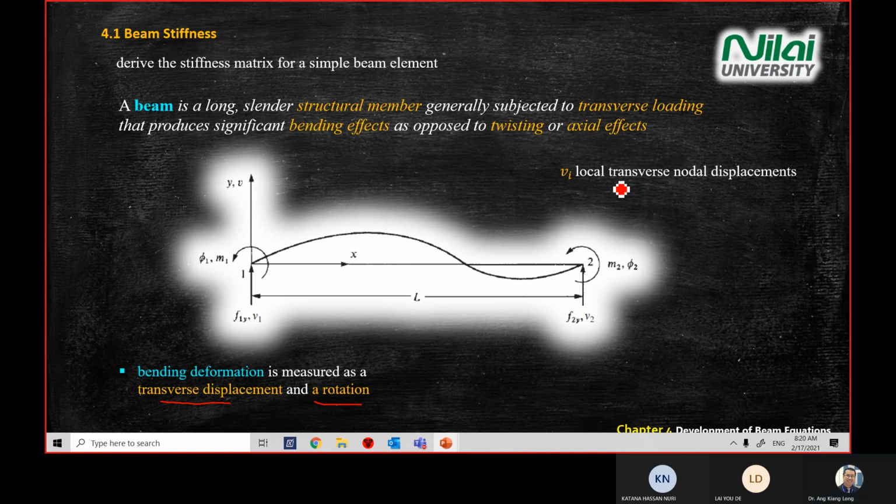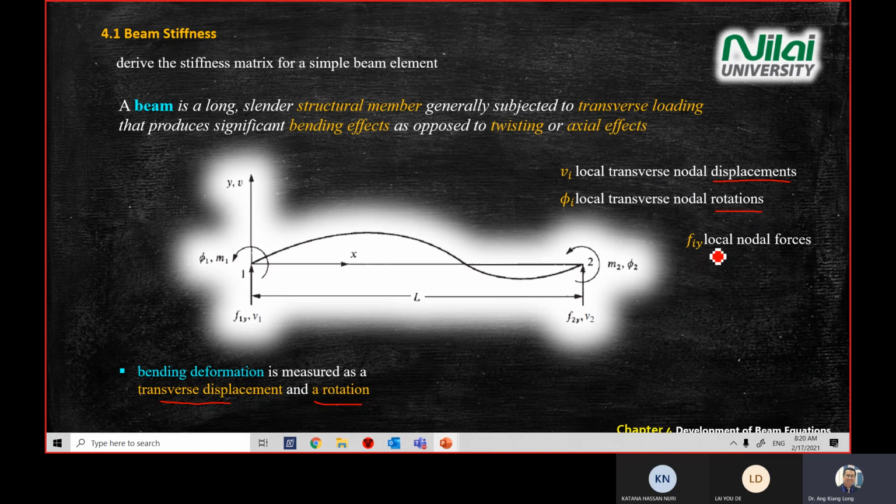Vi is a nodal displacement, and phi here is the transverse nodal rotation. So again, we focus on displacement and rotation in this chapter. The rest you are familiar.